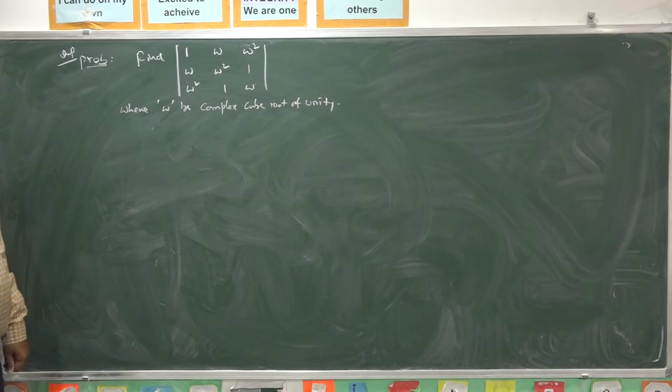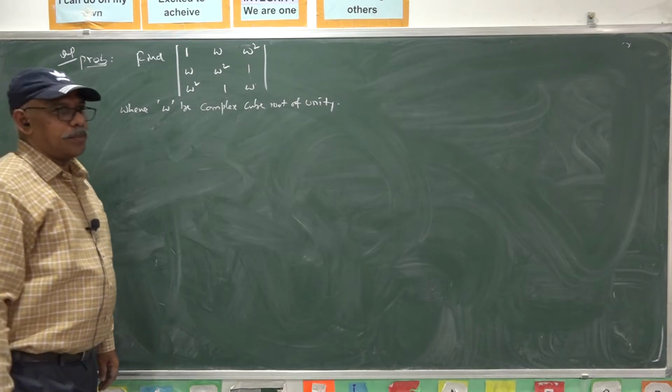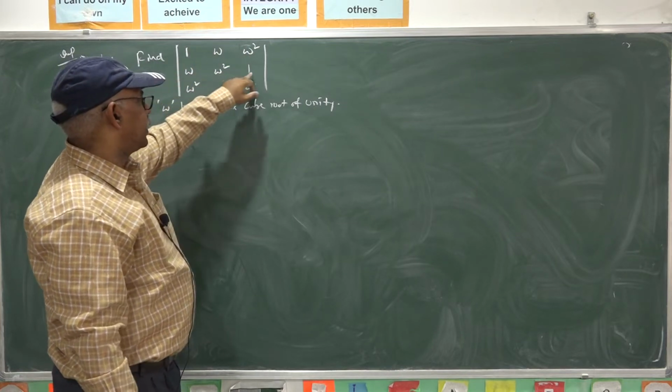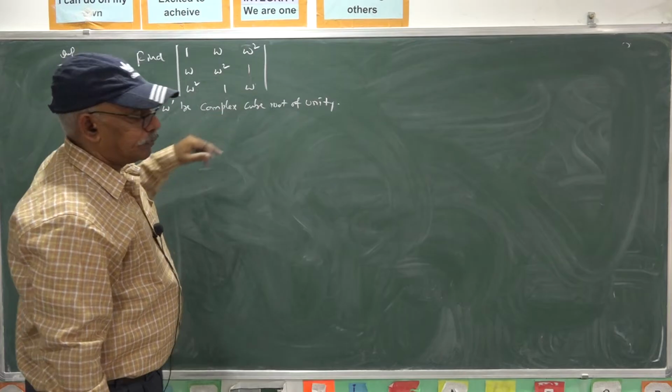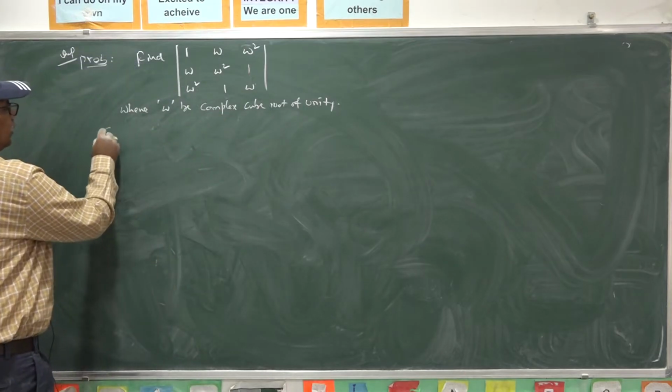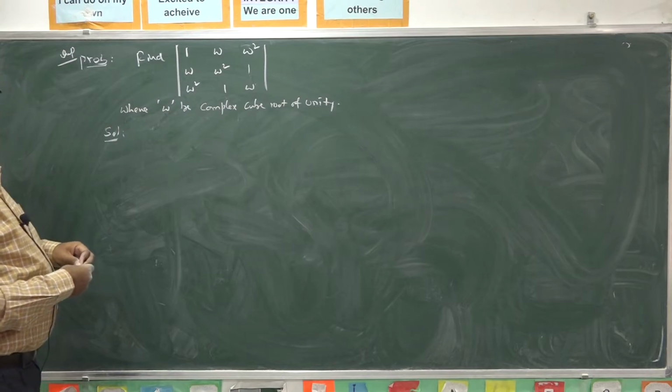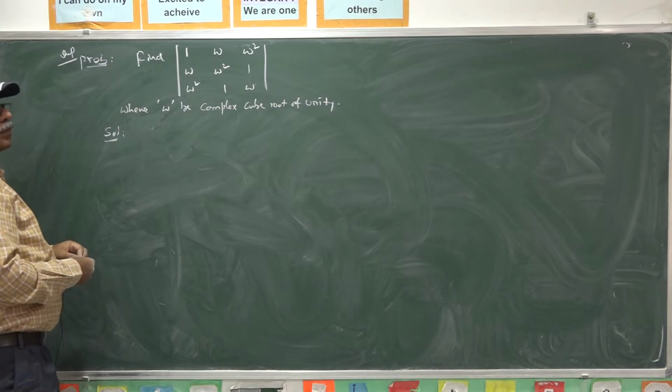If omega is the complex cube root of unity, then you have to find the determinant of 1, omega, omega square, omega, omega square, 1, omega square, 1, omega. Omega is the complex cube root of unity.